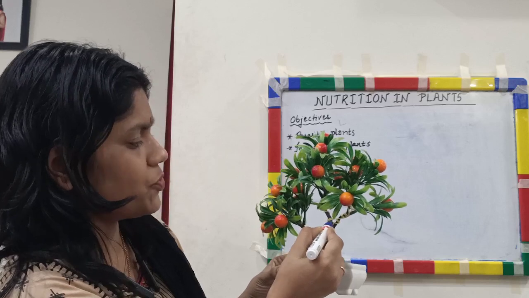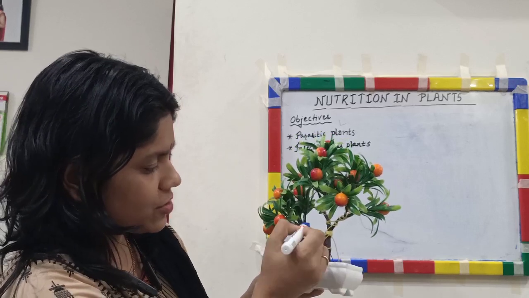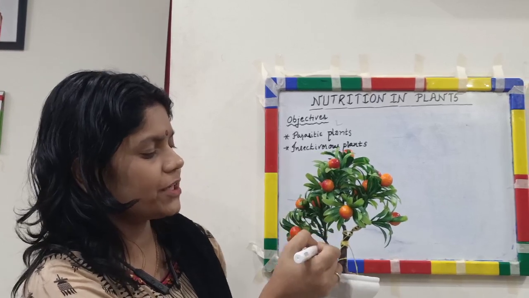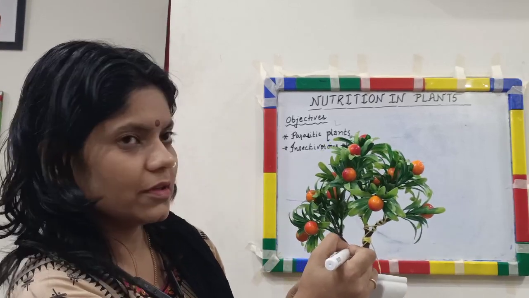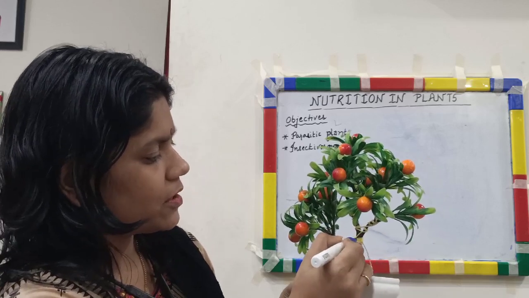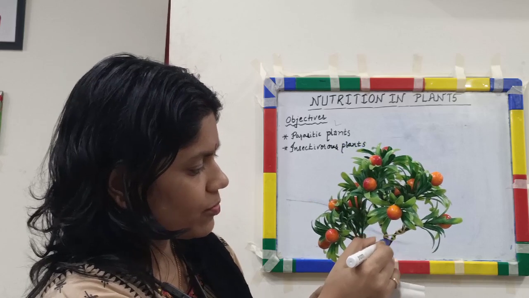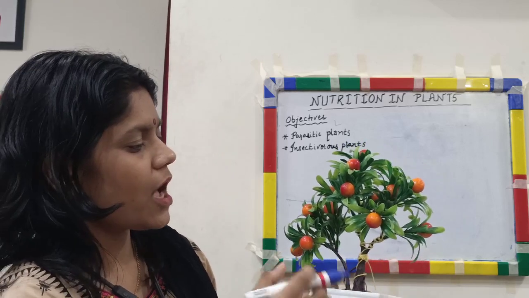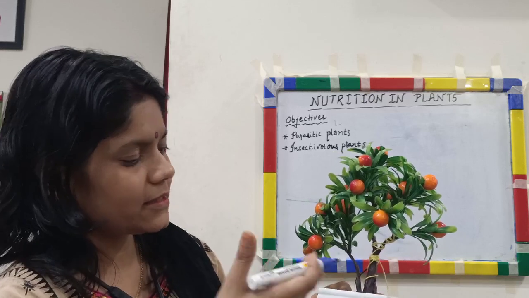This plant is Cuscuta and as you may see, it does not have any kind of green leaves. So how would it obtain its food? This plant obtains its food by sucking the nutrition from the host plant. So in today's class, we will observe how a parasitic plant takes its nutrition.